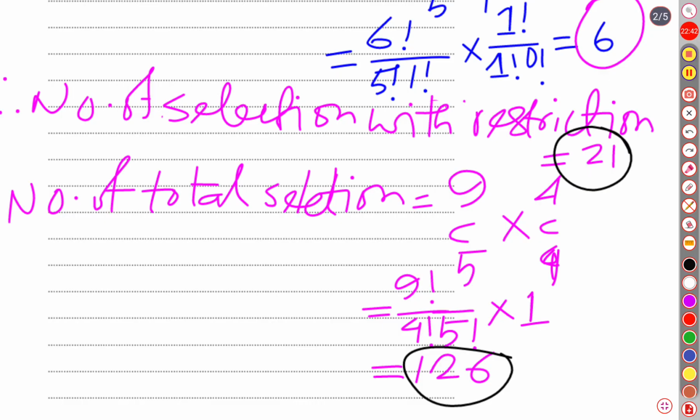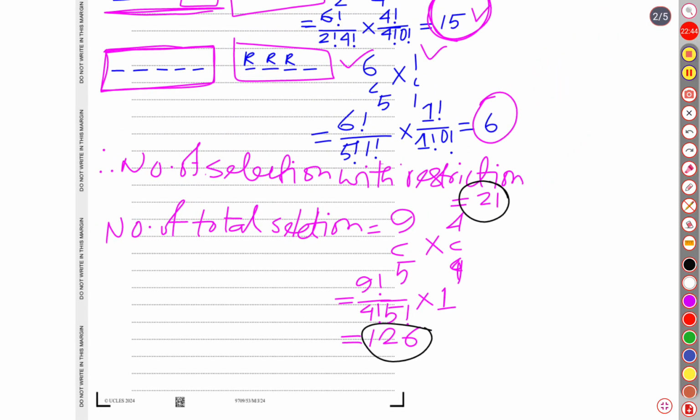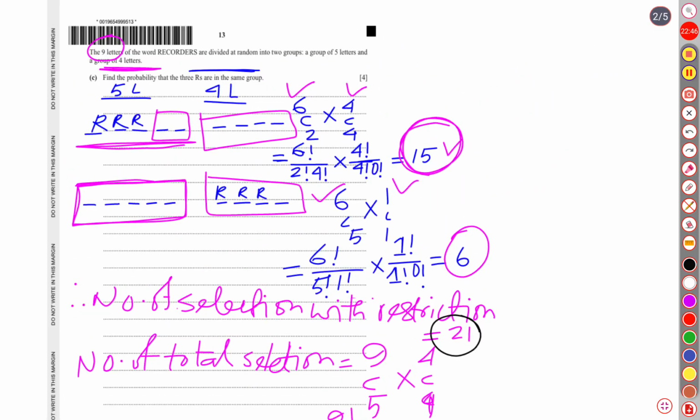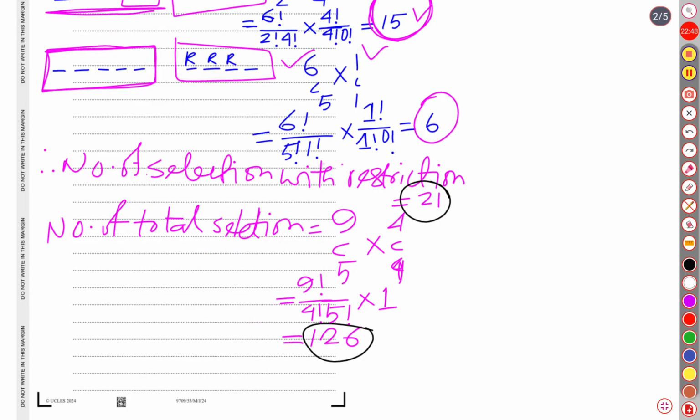They have told us to find the probability, so let us find it. If we divide the restricted one by the total number, it will be our probability. Let us write using the red ink.